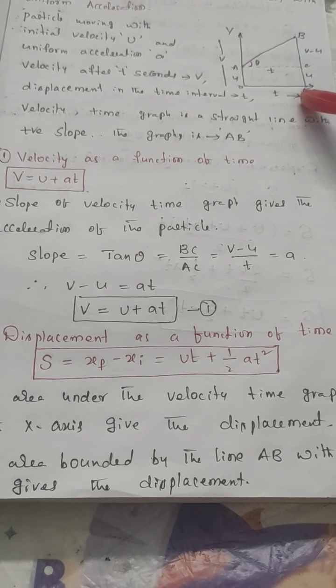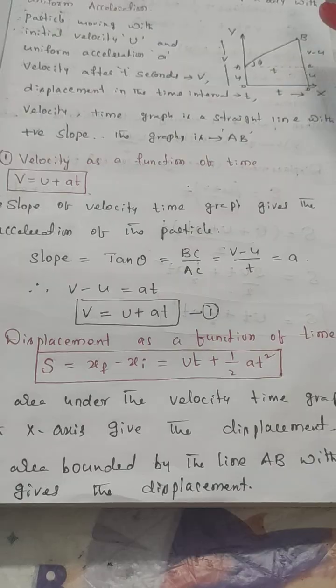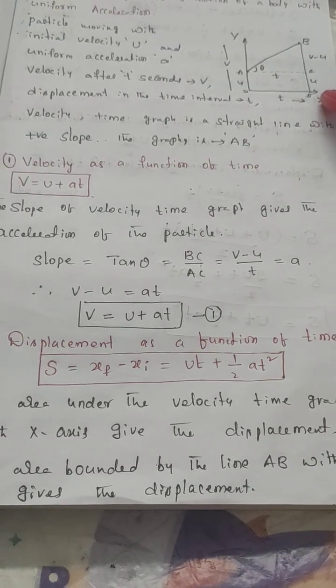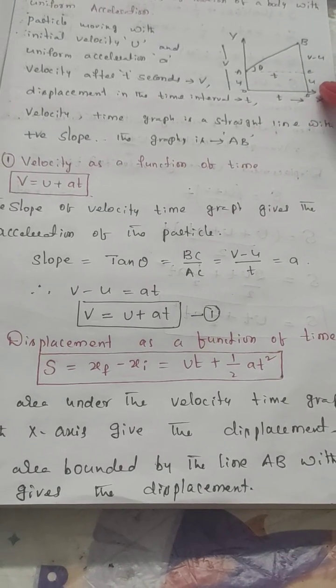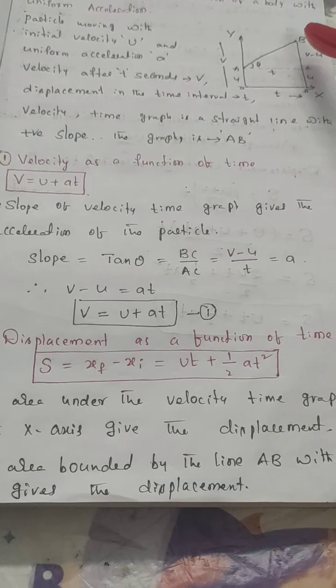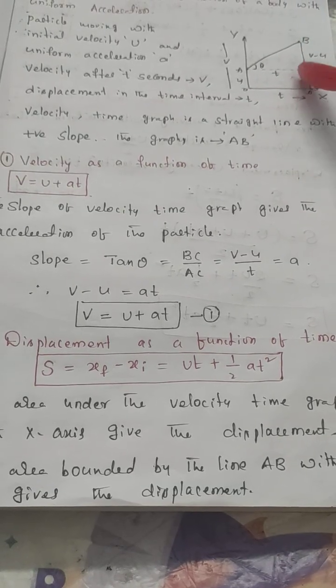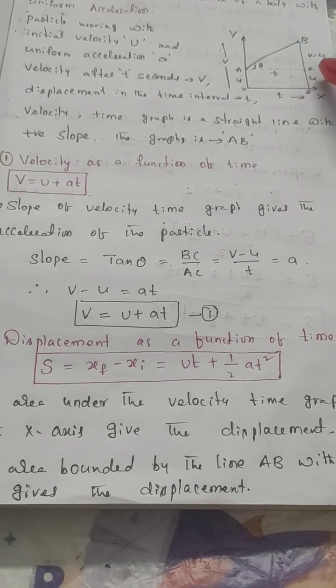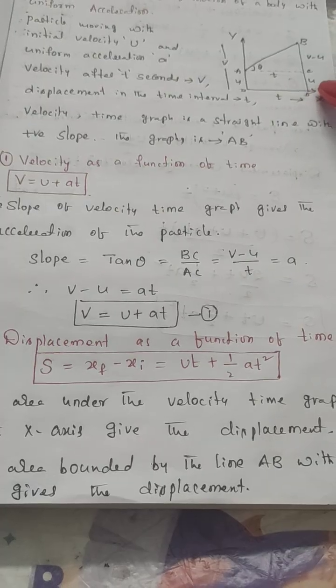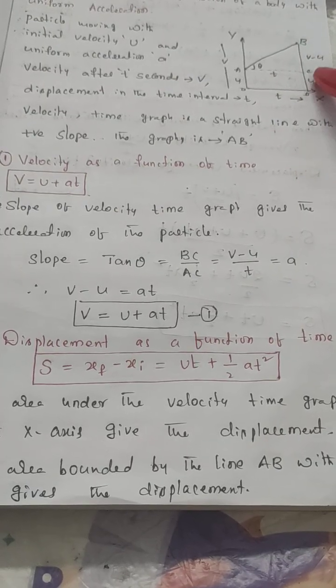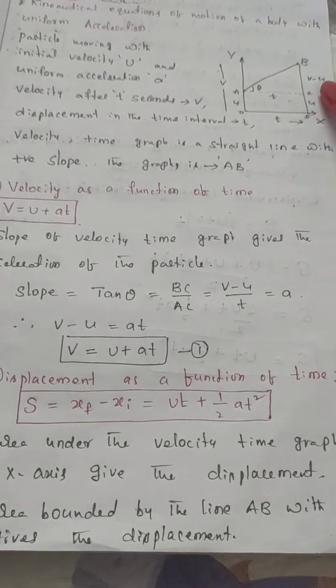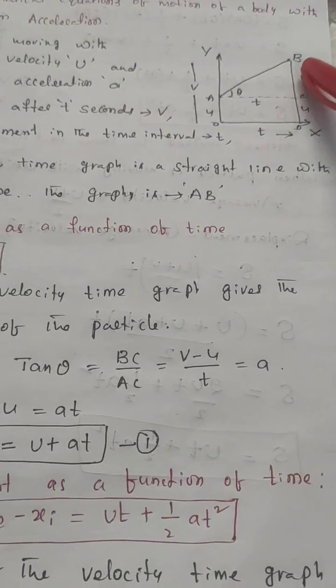For example, suppose BD is 10 and CD is 3. To get BC, 10 minus 3 gives 7. In the same way, the total BD is v, inside it CD is u, and BC is v minus u.